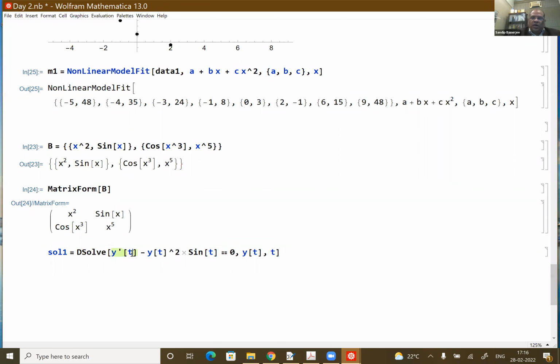Say y dash x, that is dy dx, is equal to y(x) times 1 minus y(x) over k.